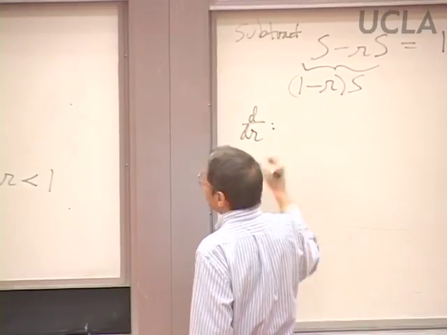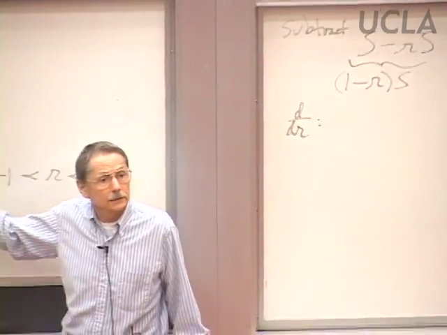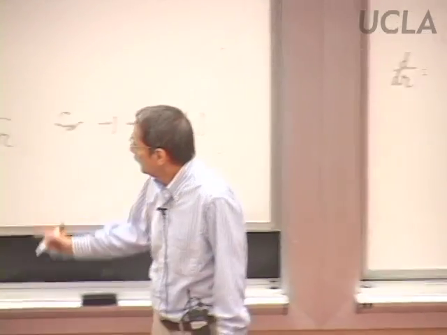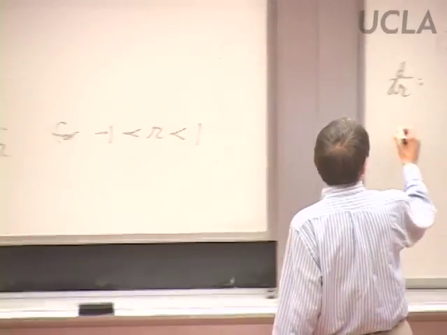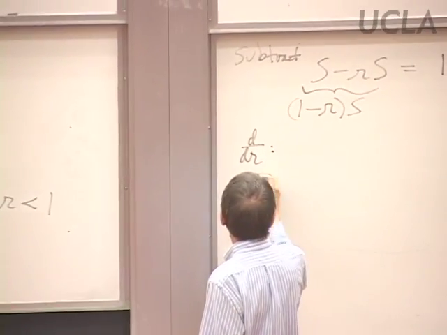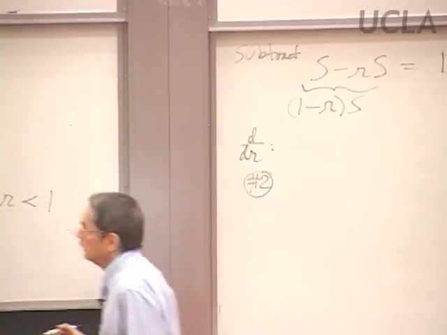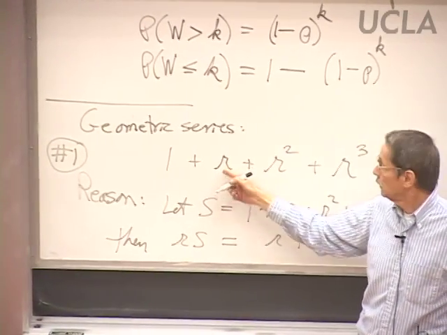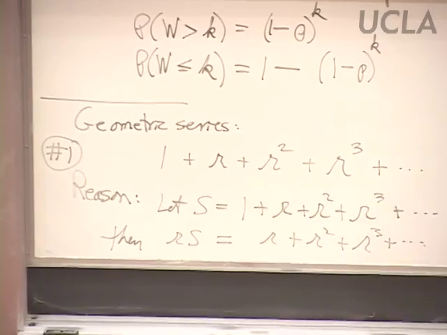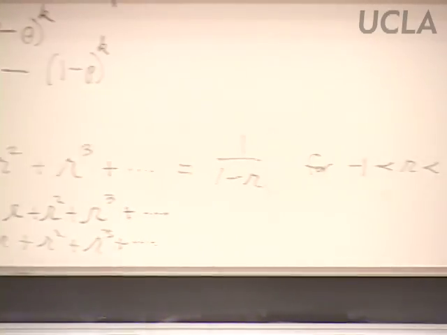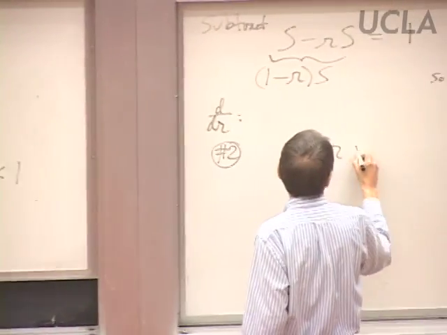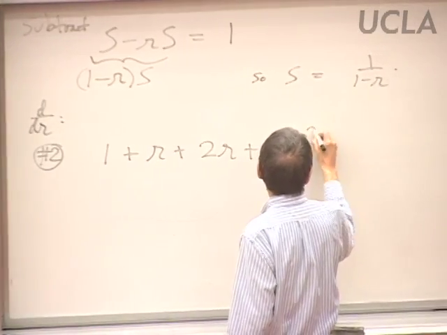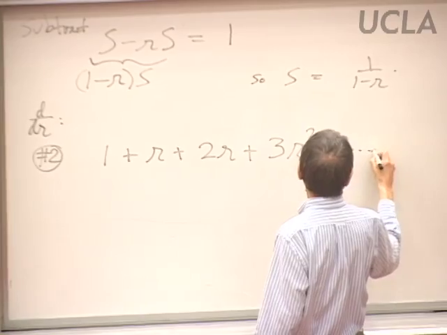What if we take derivatives of both sides? We'll get another interesting equation. We'll call it equation number 2. We get 0 plus 1 plus 2r. Better write this down: 1 plus 2r plus 3r squared, and so forth and so on.